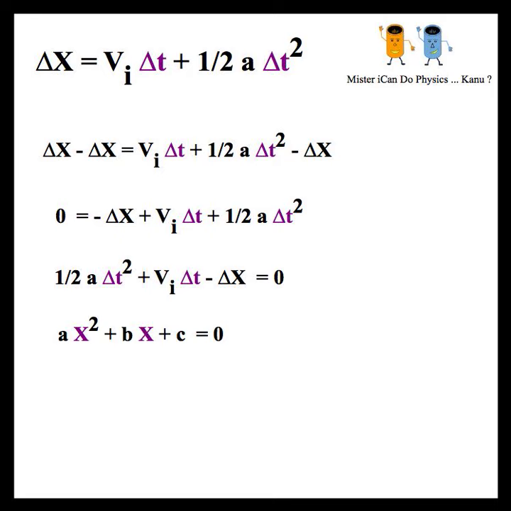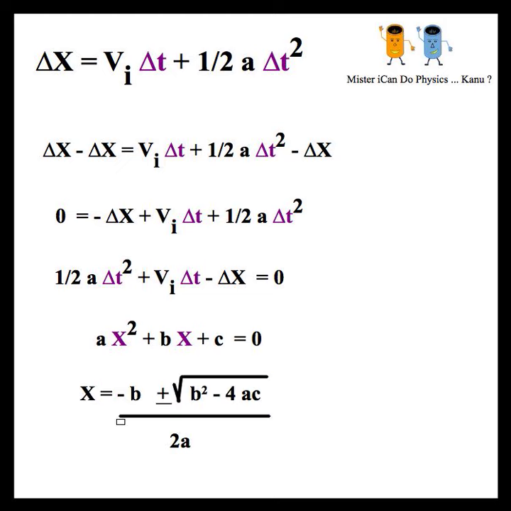When we do this, we know that we can find the roots of this quadratic equation through a simple formula, tried and true, that many of us have used many times, where x equals negative b plus or minus the square root of b squared minus 4ac all over 2a.